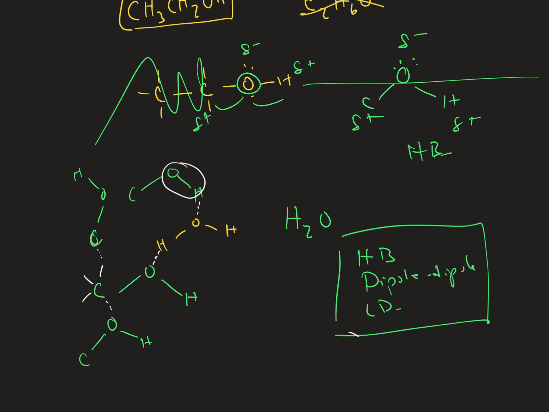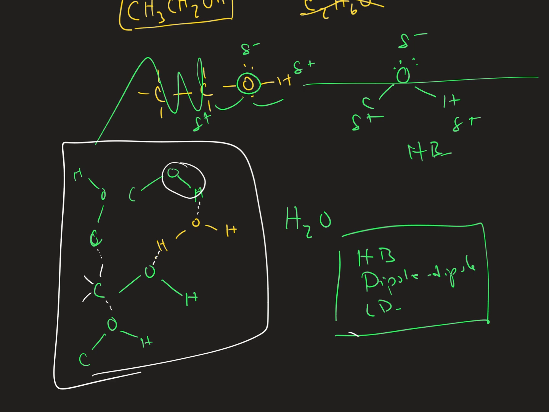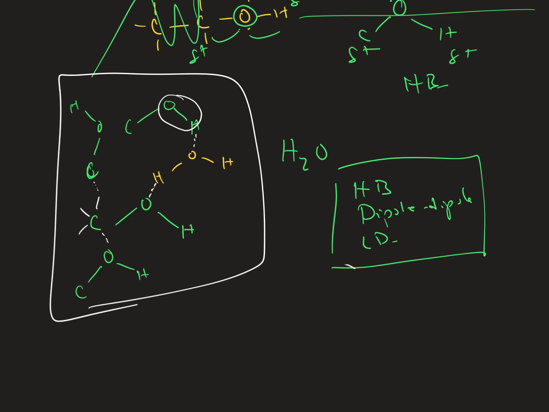Does that make sense? You're not going to have to be able to draw that, guys. You won't. You just have to know what type of intermolecular forces exist. Now the question might say, what is the predominant intermolecular force? In other words, which one is the strongest? Hydrogen bonding, right? That's the one that's going to take precedence over this thing.